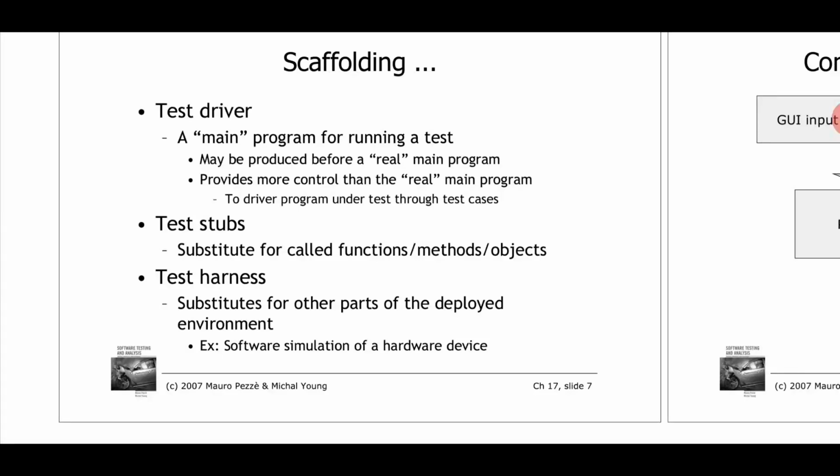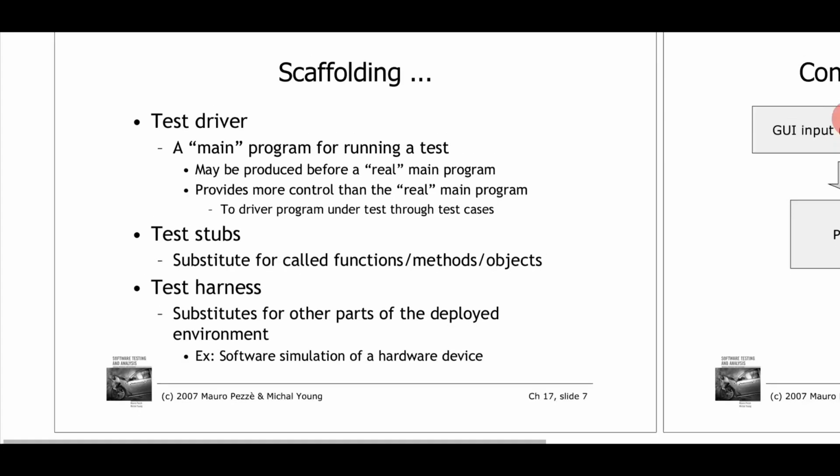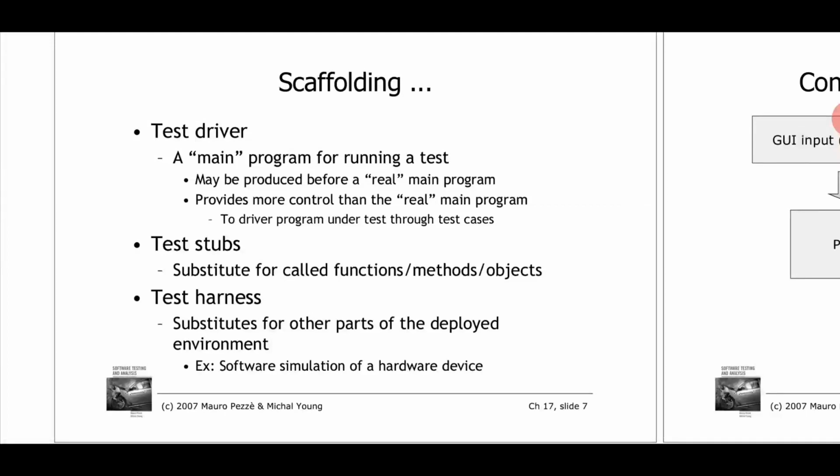The real main program is there for every execution, for example for a product. Before producing that, this test driver may be constructed. The test driver provides more control than the real main program.